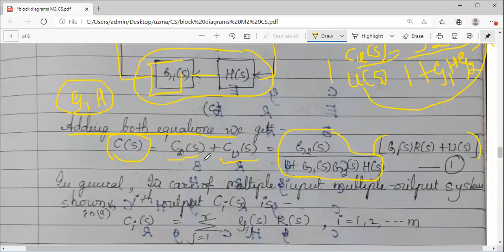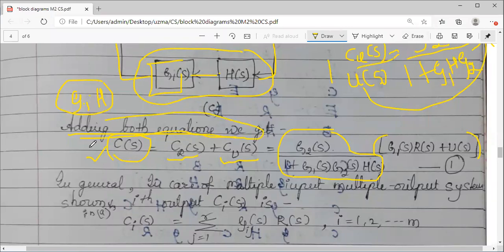Remaining, I'll be left with this bracket. So this is how we get the overall output of the system.